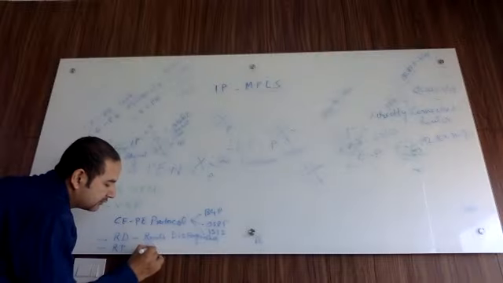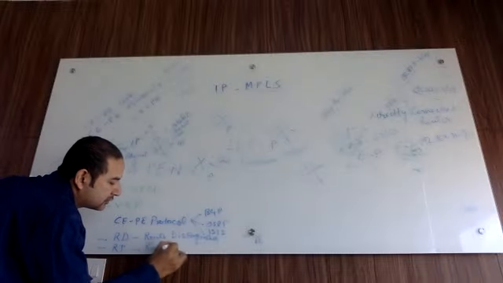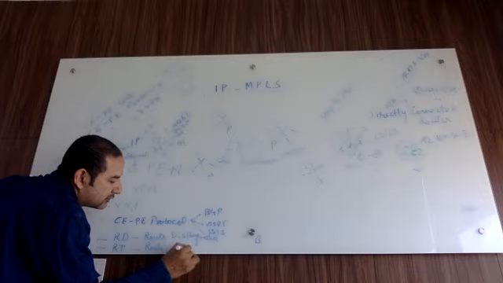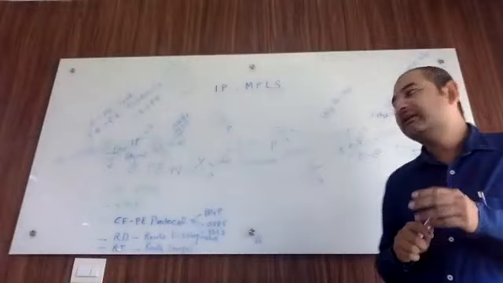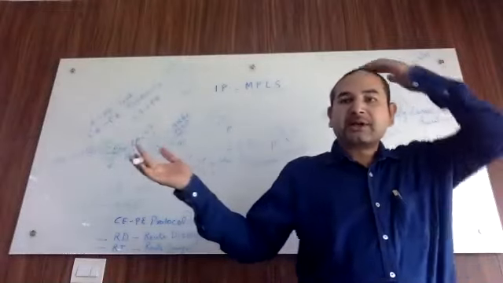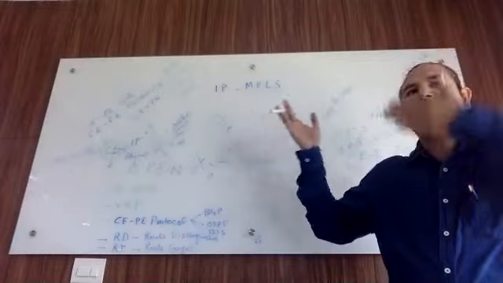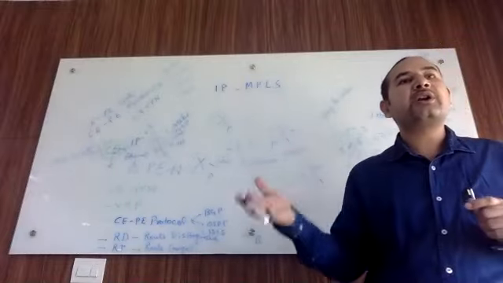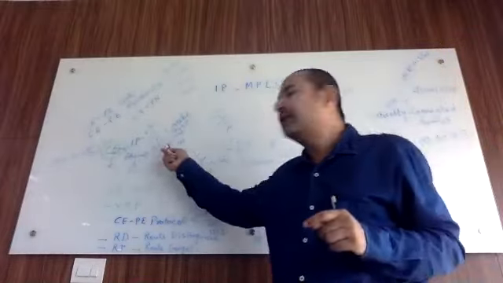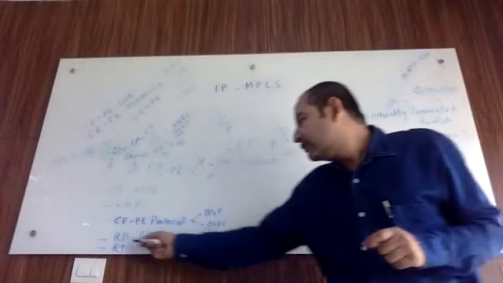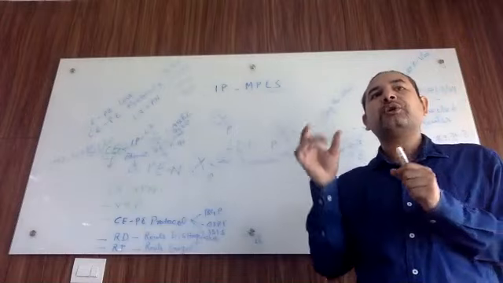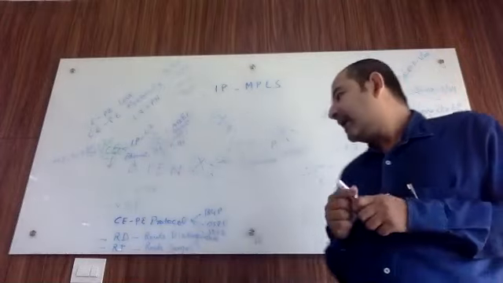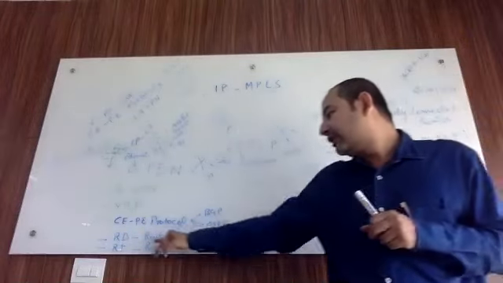RT means route target. So what will happen is, if there are multiple VRFs on PE for L3 VPN, there are multiple customer routes coming in for each VRF, then how do we segregate the customer routes when we are distributing them through BGP? So we use RD. RD is like on each route we put another tag, and it's also a numeric tag. So this is called route distinguisher.